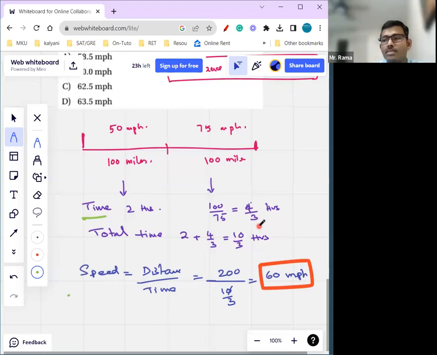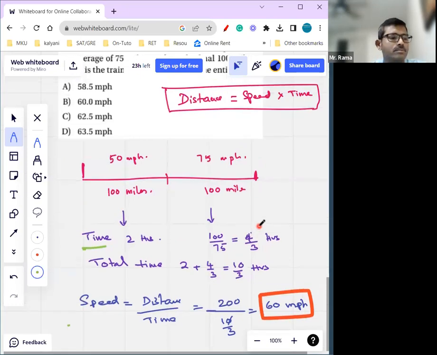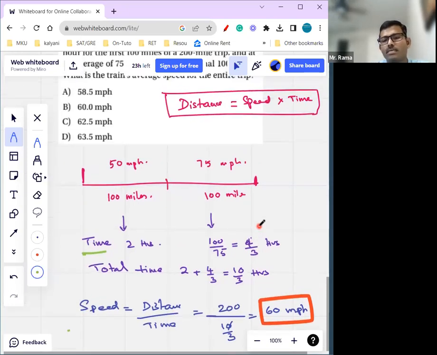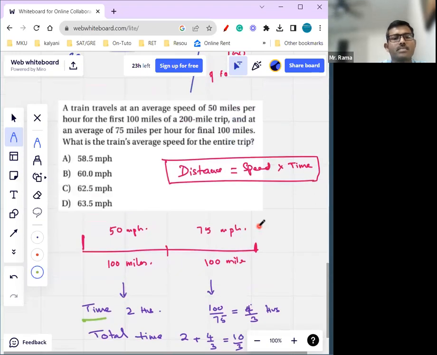Okay, so obviously I explained it and it took a longer time, but once you do these problems on the test, it's going to be super fast. When I see average speed, always go with simple terms: the first 100 miles is at 50, so 100 divided by 50 is 2 hours.